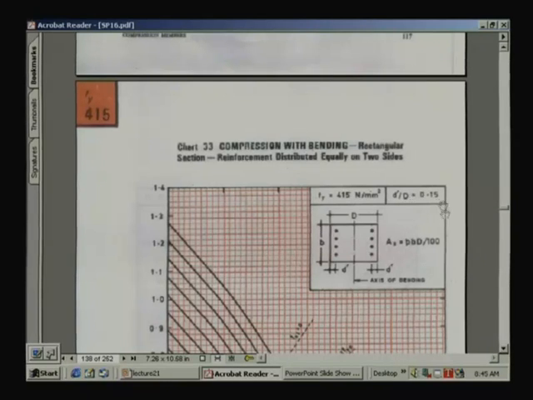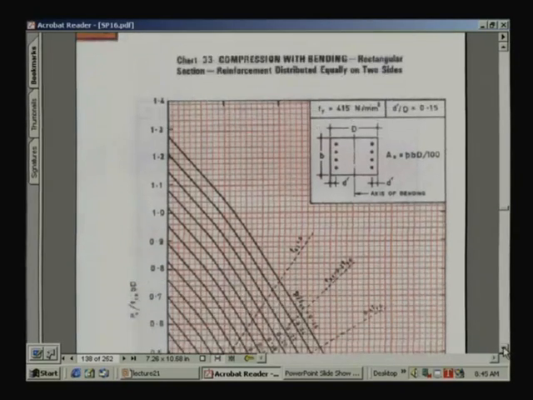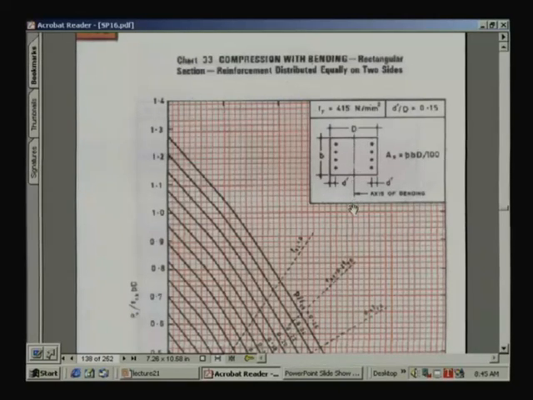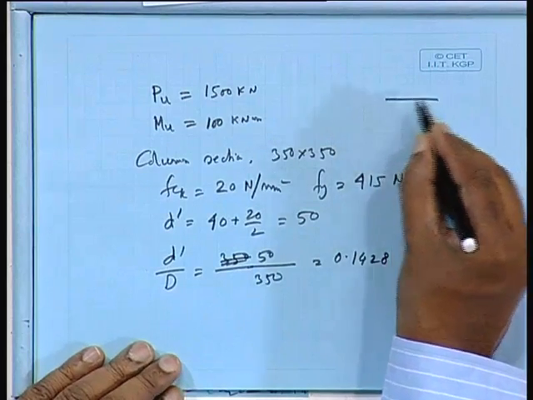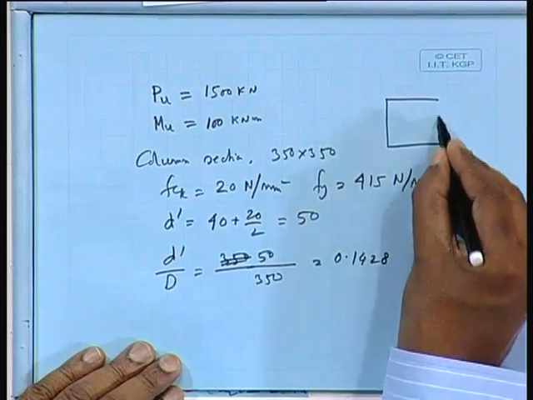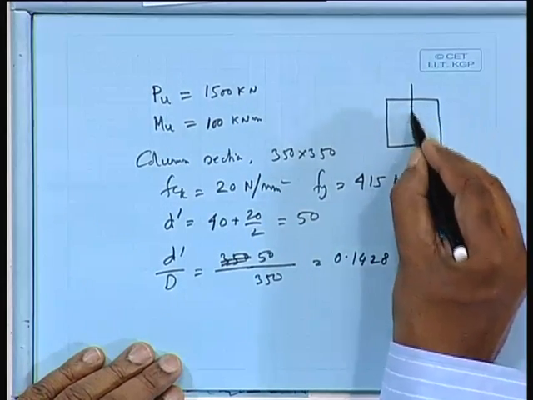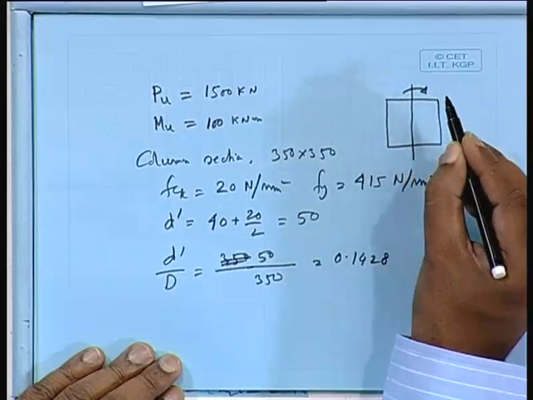What we shall do here? So, d dash by d 0.15. This section is uniaxial, that means the moment is applied about this axis. Since the moment is applied about this axis, I am providing the reinforcement along this.